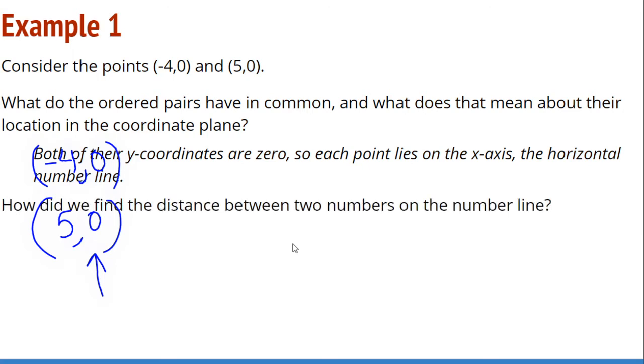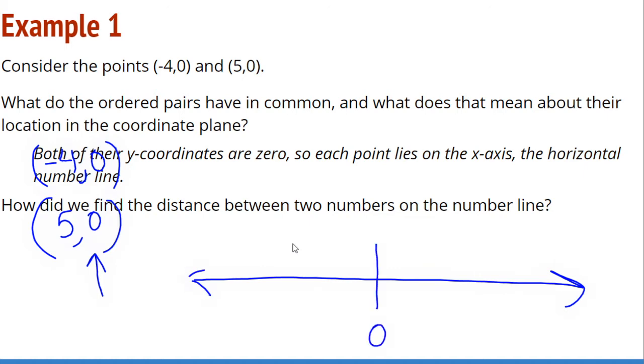So how do we find the distance between two numbers on the number line? Well, if we stop and think about this for a second, I have 0, I've got one that's at -4, and I've got one that's at 5. If I want to find the distance between the two numbers, I can take the absolute value, or the distance of 0 to 5, and I can find the distance between -4 and 0, which is 4, and I can combine those together.